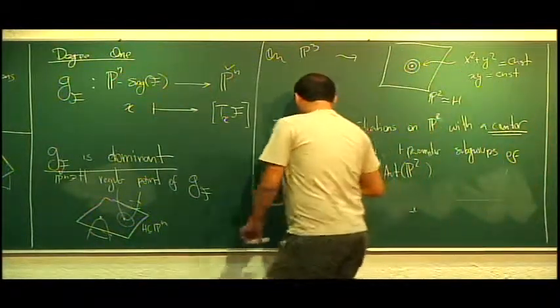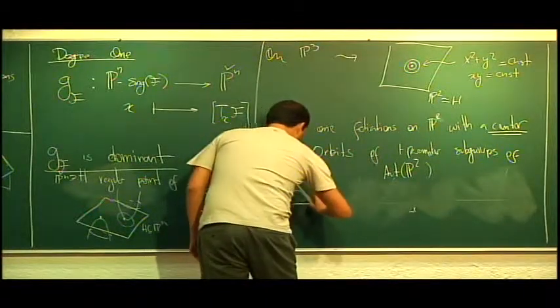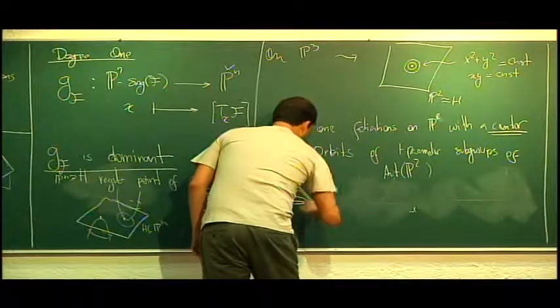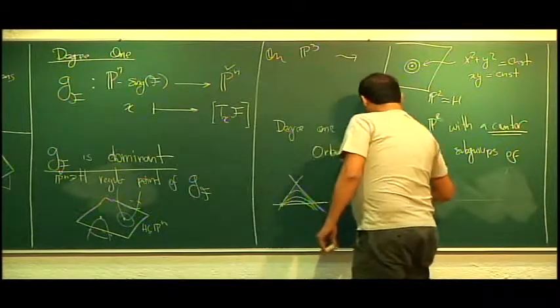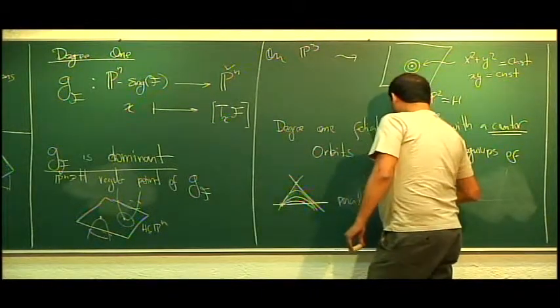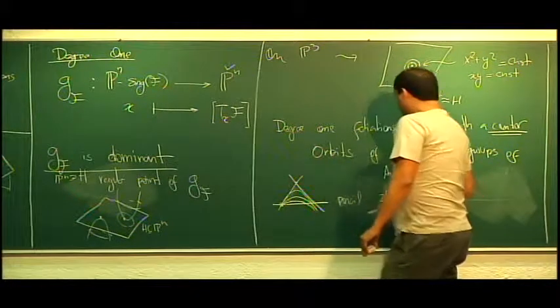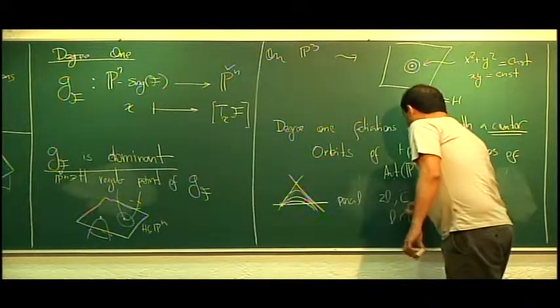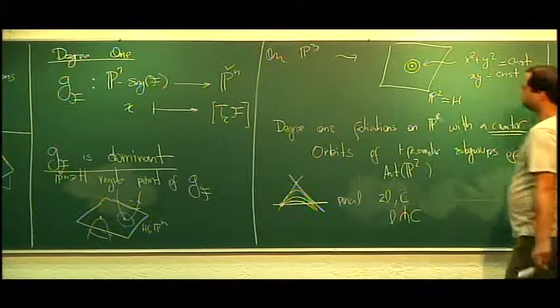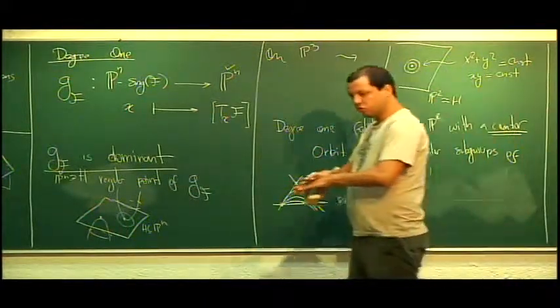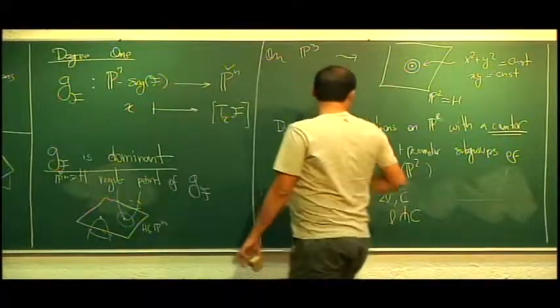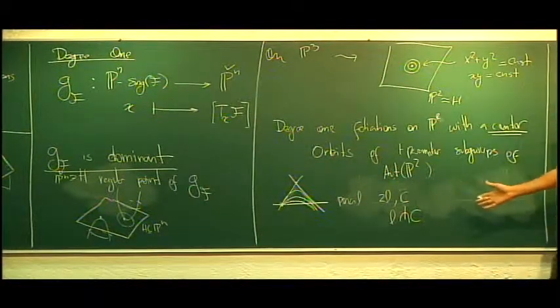And the only thing that we are going to get is this: a pencil of twice a line and a conic intersecting transversally. And from this information, it's not hard to show that the same picture happens in P3 or Pn.